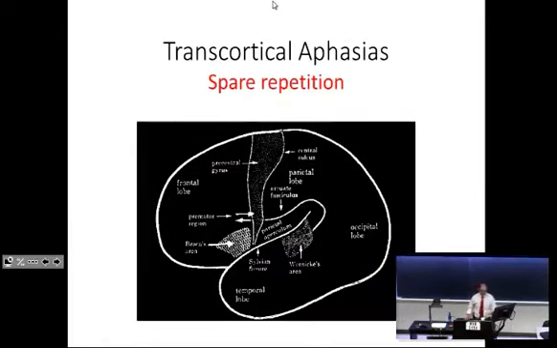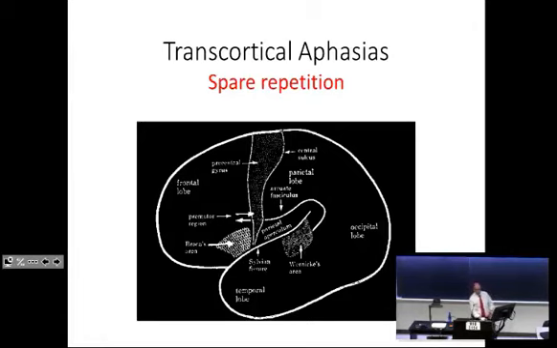Now, we've got two more to talk about, the transcortical aphasias. That's a group of aphasias where repetition is good. It spares repetition. And the reason for that is the language areas, this is the Sylvian fissure here, and we call this sort of the peri-Sylvian language region. And here is the Broca's area, and lesions in around here produce Broca's aphasia.